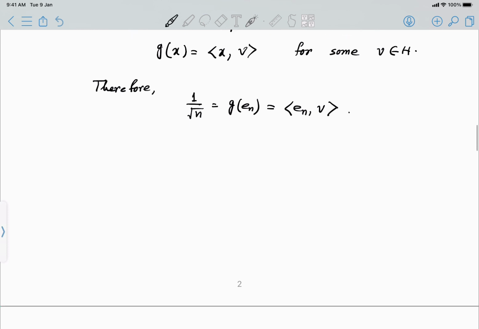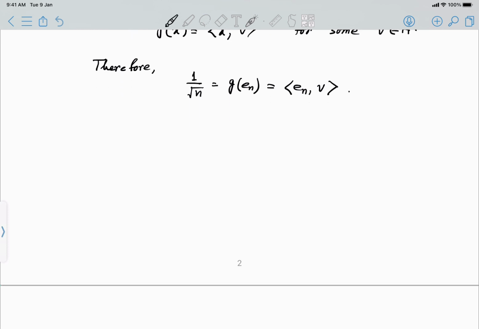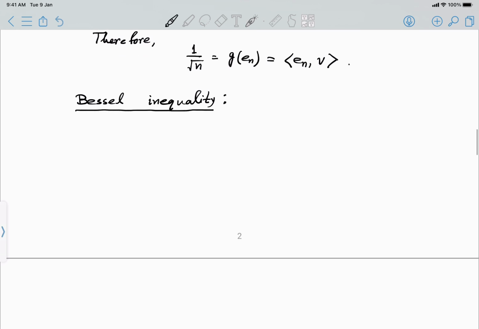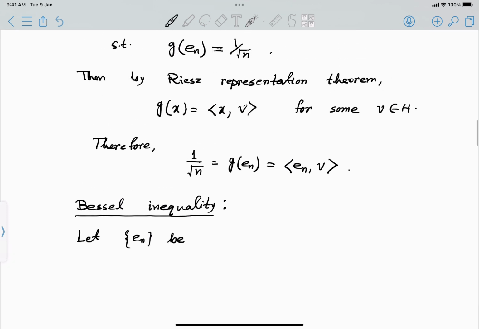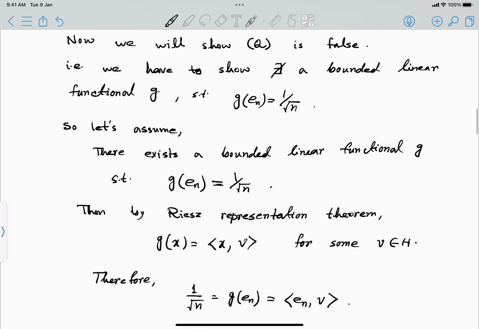Now we will use another result, the Bessel inequality. Oh, I think we will get this from the Riesz representation theorem itself.